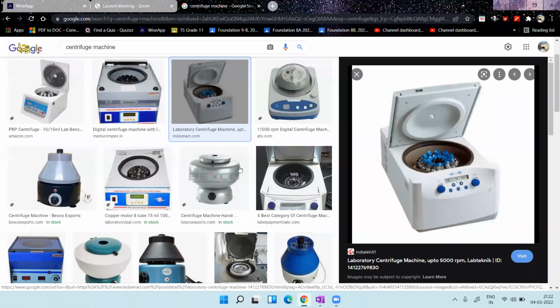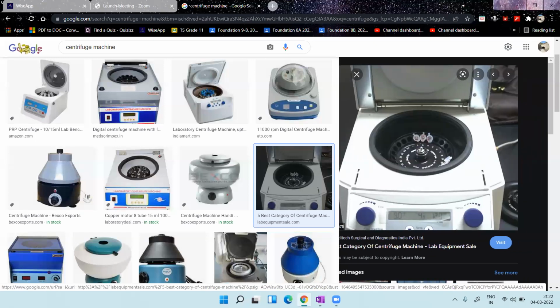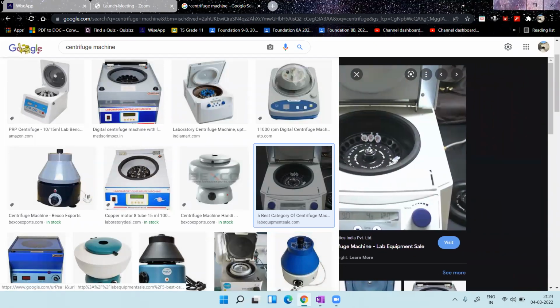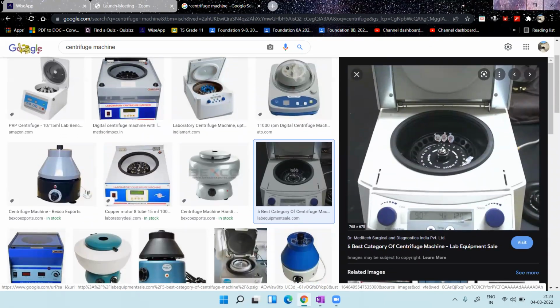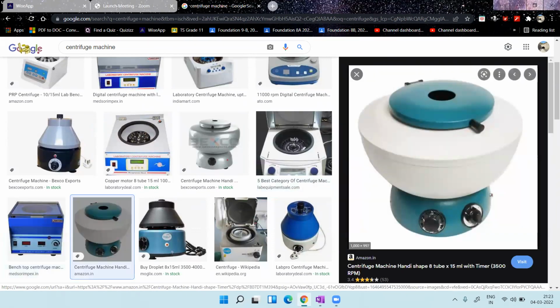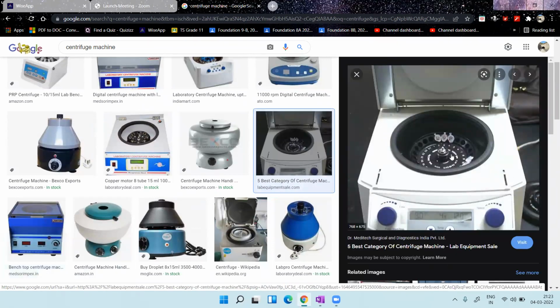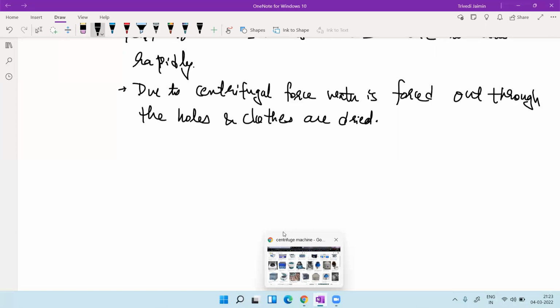In short, these are all rotating devices. There's a motor inside, in the center. Okay, let's come back here. That is a centrifuge.